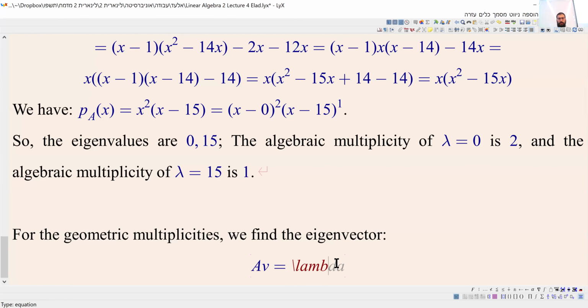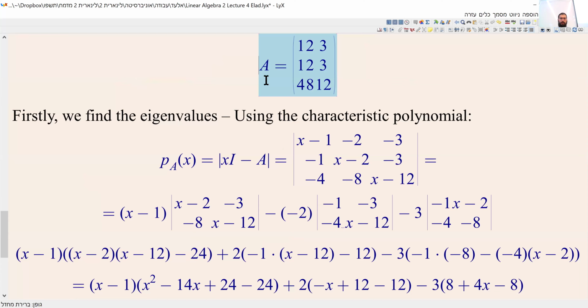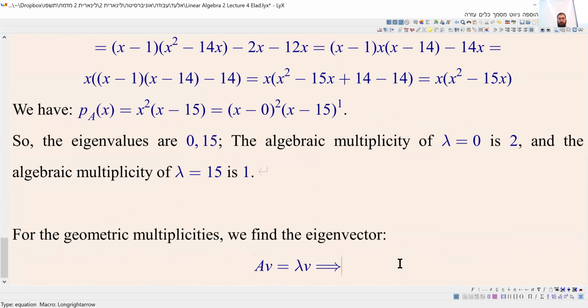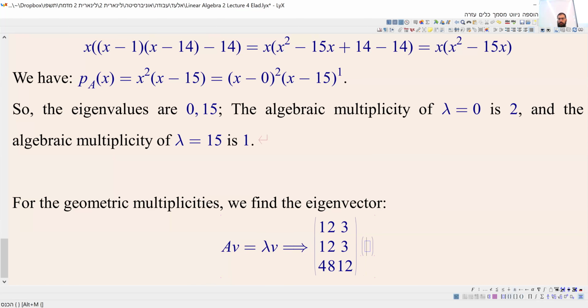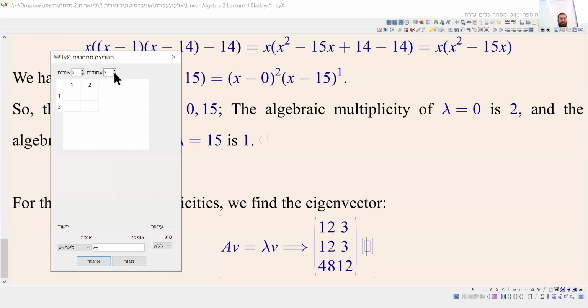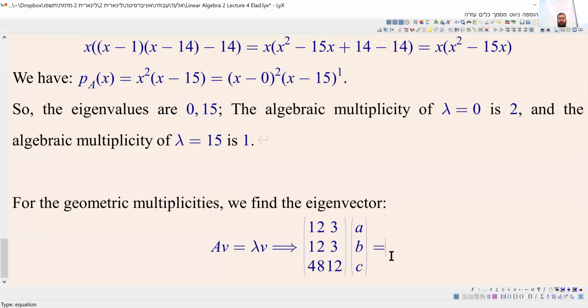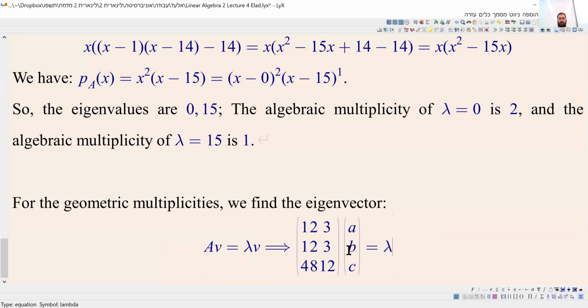So the general system looks like that. AV is lambda V. In our case, A is the good old 1, 2, 3, etc. matrix. And the V, we can write it with A, B, C or whatever letters we like. I think we wrote it down with A, B, C last week. And lambda is multiplied by A, B, C as well.